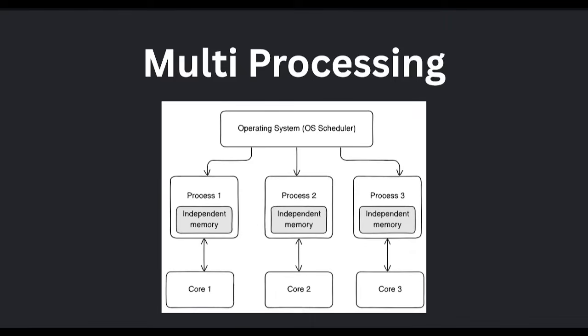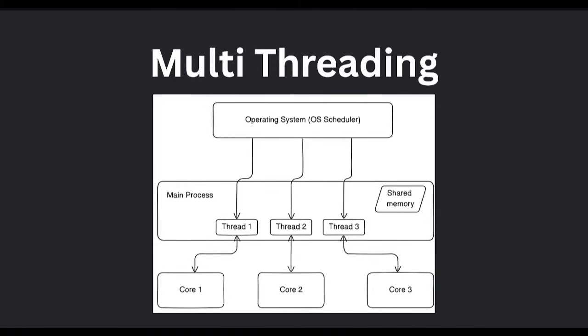Now let's take a high-level overview of multithreading. Again, as you can see in the diagram, threading is also a preemptive approach. Operating systems scheduler controls the scheduling of the tasks, which are threads in this context. Compared to multiprocessing, threading is a resource-friendly approach.